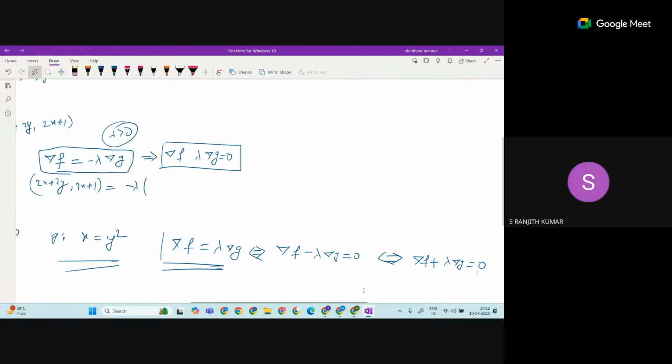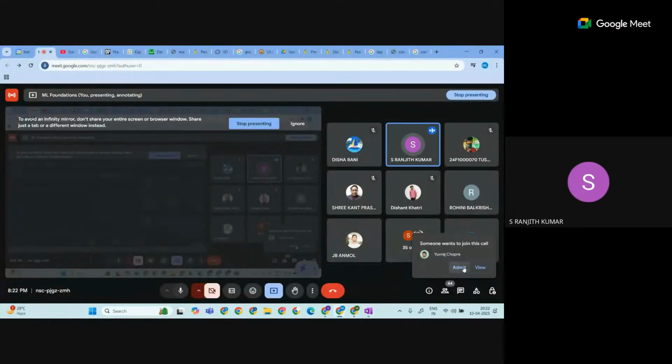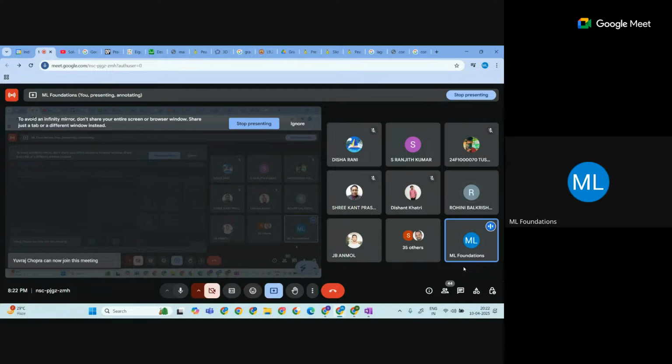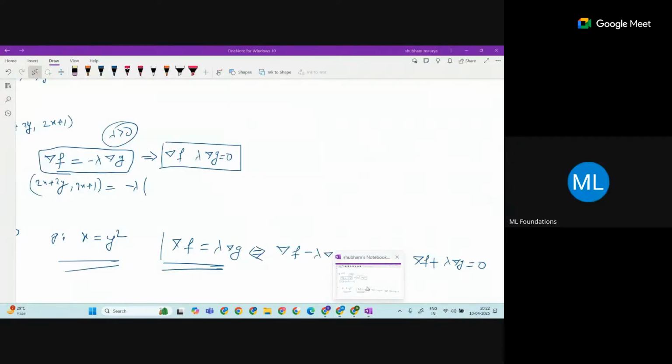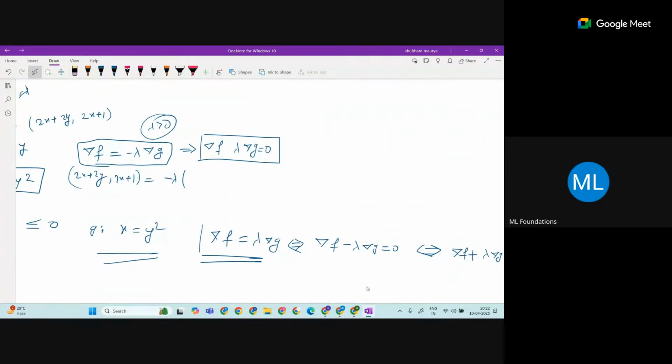So whenever we have an inequality, we should use minus lambda on the right hand side. By default we can always use the negative sign.